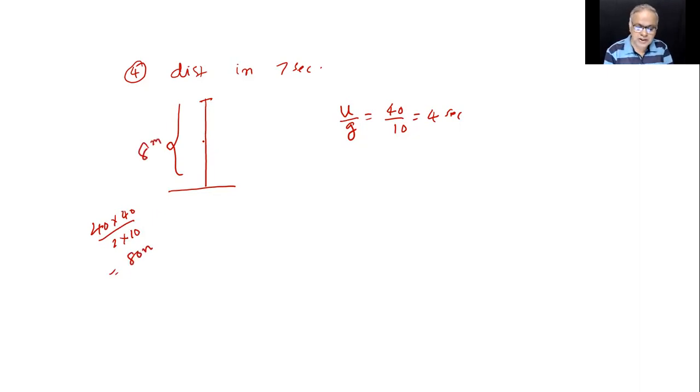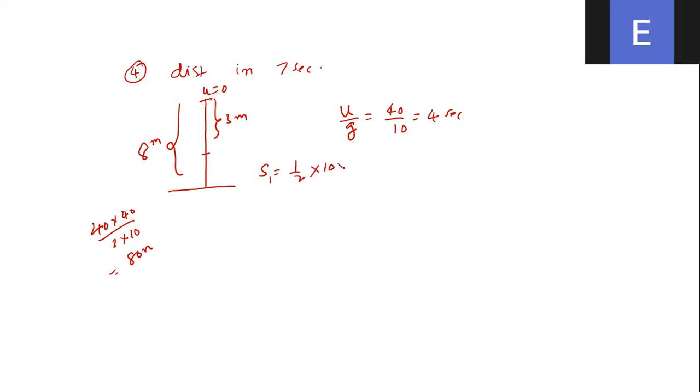Now for 3 more seconds it will fall down. This distance will be how much, children? The speed will be 0 here, right? Half g t square. 4 plus 3 seconds, 4 seconds to go up, 3 seconds to come down.